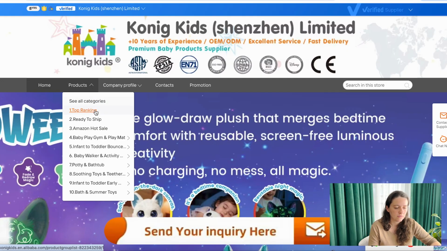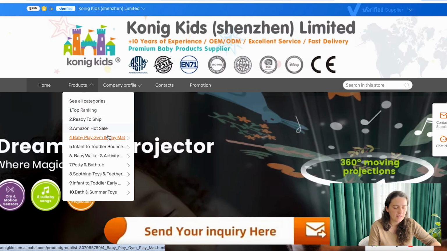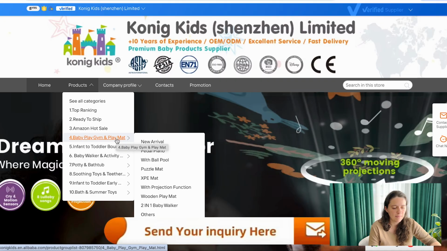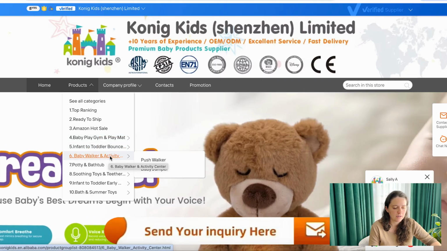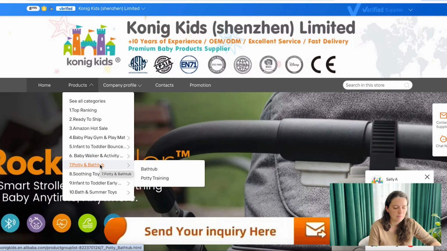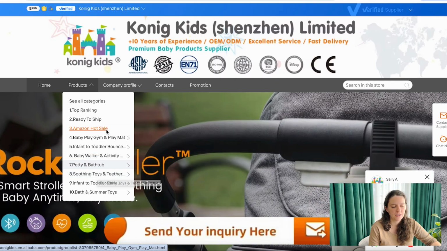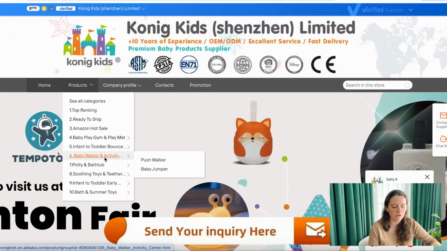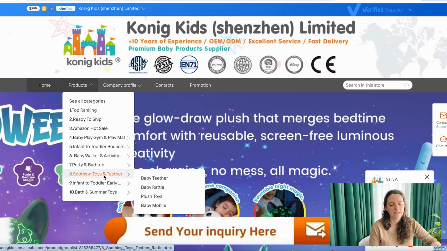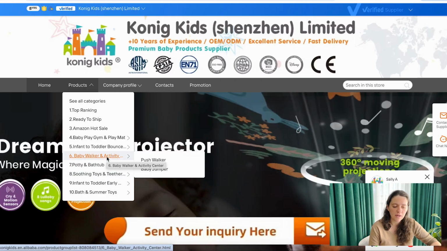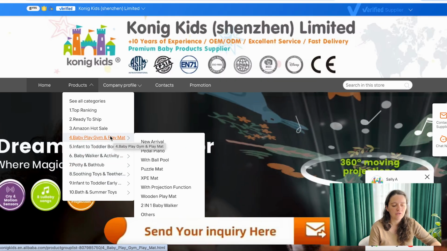Let's see, they make some baby playmats, infant toddler bounce chairs, baby walkers, potty bathtubs. So actually all those products are not even made of wood, so they do not specialize in wooden toddler busy boards. So in my opinion, it's more like a trading company where they sell a lot of different stuff for kids.